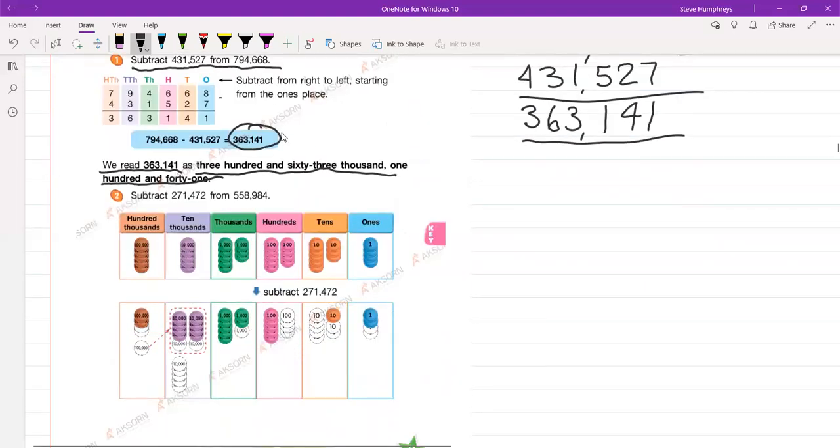Remember, these are 6-digit numbers. Numbers over 100,000. Subtract 271,472 from 558,984. Larger number first.